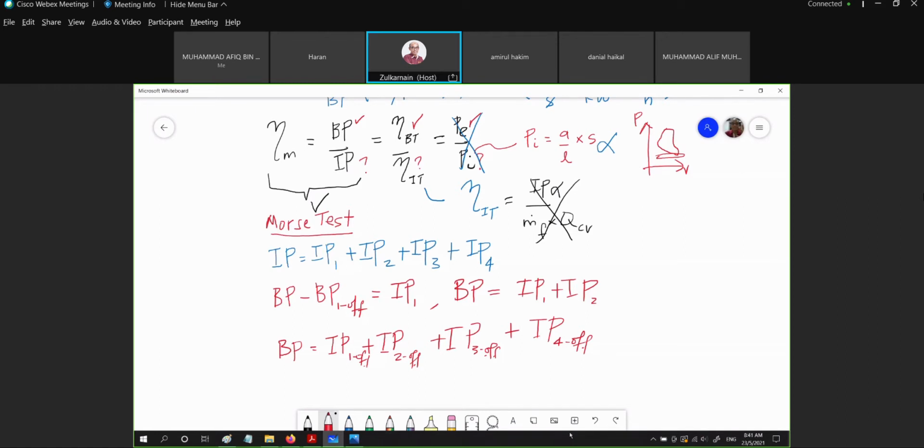Masih ingat tak formula yang saya tulis semalam? Last week. Yang BP ni saya takrifkan sebagai apa? Sebagai IP minus FP.